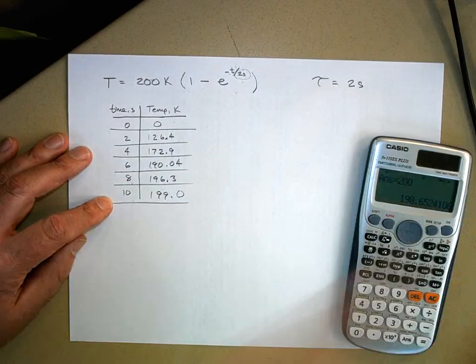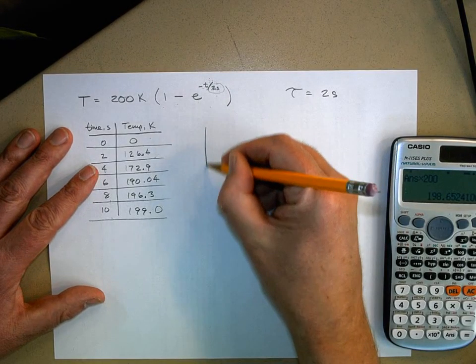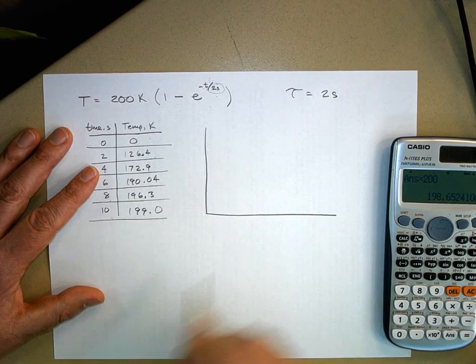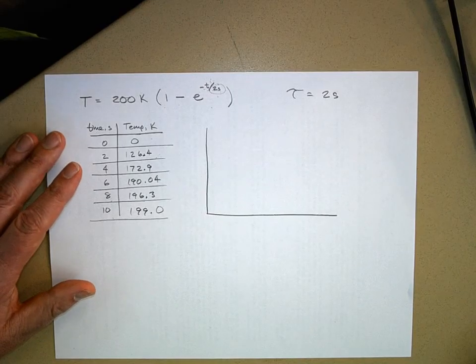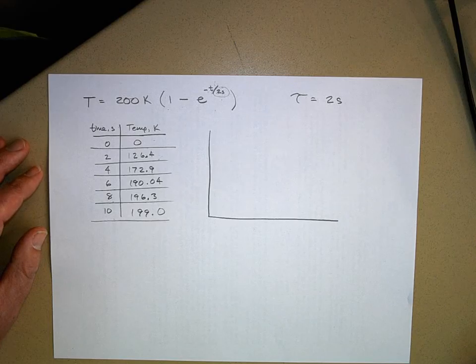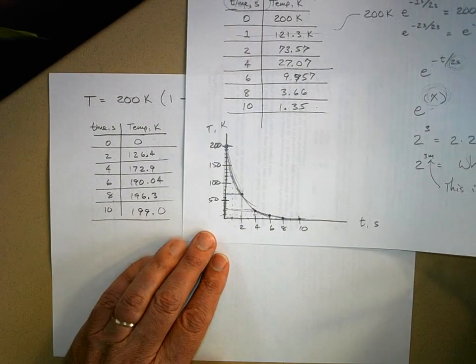Okay, so let's graph this really quick. And actually, you know what I'm going to do? I'm going to take a shortcut, because I've already graphed this, the time and temperature scale. I did it right here, didn't I?